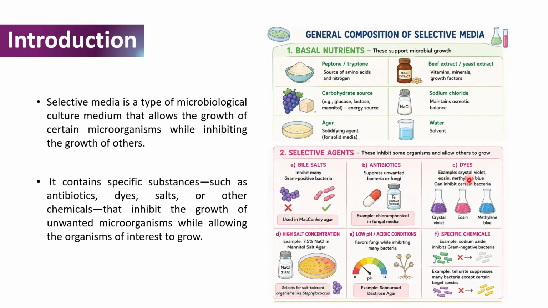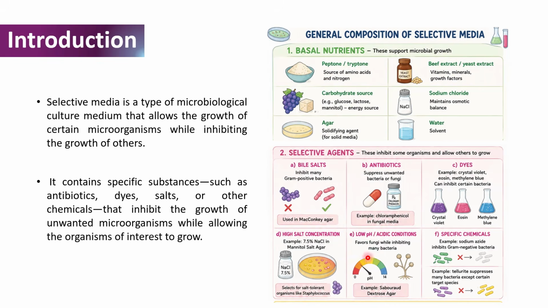And we have dyes like crystal violet, eosin, and methylene blue, which are used in the preparation of media to inhibit certain bacterial growth. And we have high salt concentration, basically 7.5% sodium chloride, which is used in the preparation of Mannitol Salt Agar to select for salt-tolerant organisms like Staphylococcus.